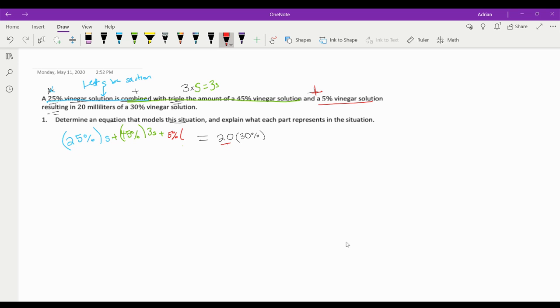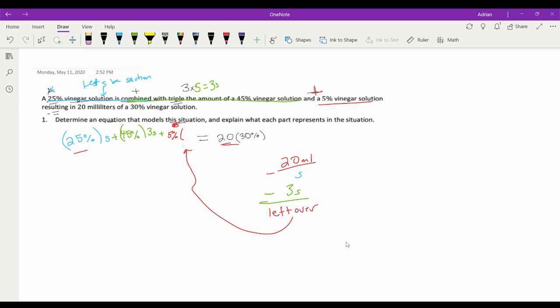So if we end with 20, that means 20 milliliters minus the first solution, minus the second solution, which one is green, is going to give us what we have left over. And whatever is left over is going to be right there. So 20 was a total, so that should be black. So 20 was a total, minus this part, minus this. 20 is a total, minus this part will give me what is here.